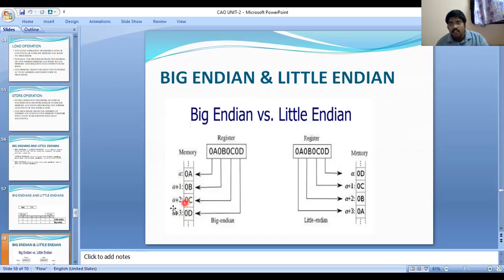Here, if you observe clearly, in the register, these things will be LSB, least significant bit. And if you consider 0D H, if you write this hexadecimal into binary, 1 minute, I'll show you.